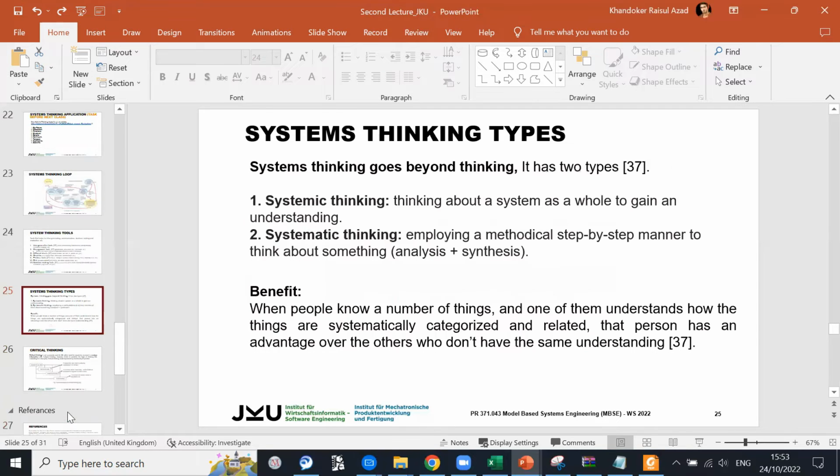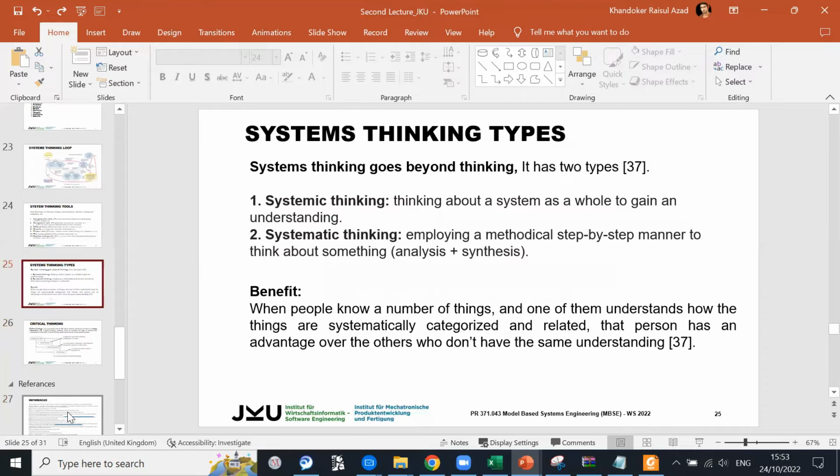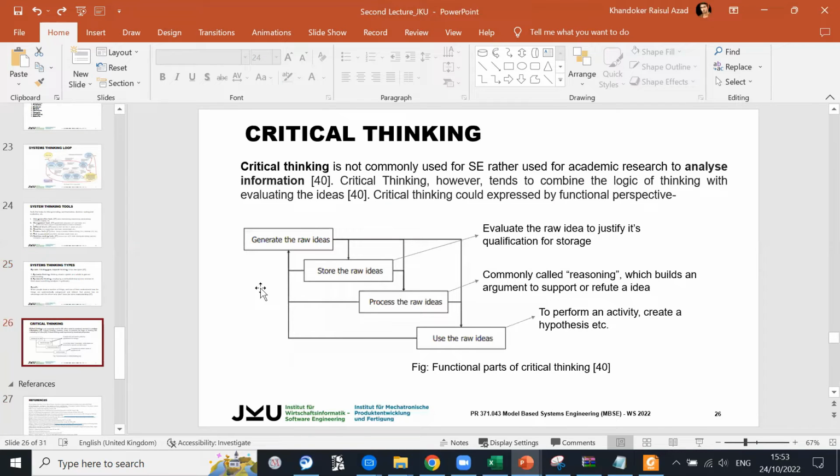Okay, so this is the systems thinking type. This you already know. And this is critical thinking, which we discussed a little bit in the last class. Critical thinking is not used in the systems engineering world, rather it is used in the academic world, and we talked about it a little bit.